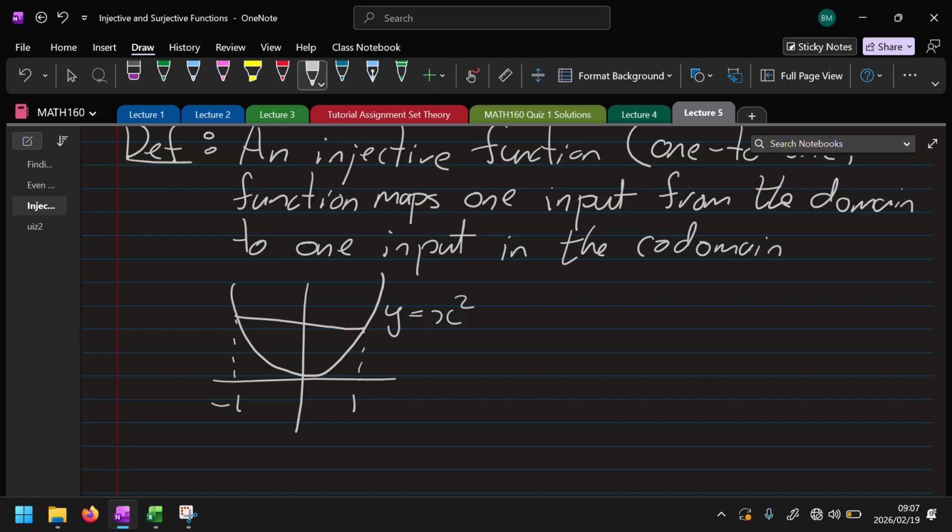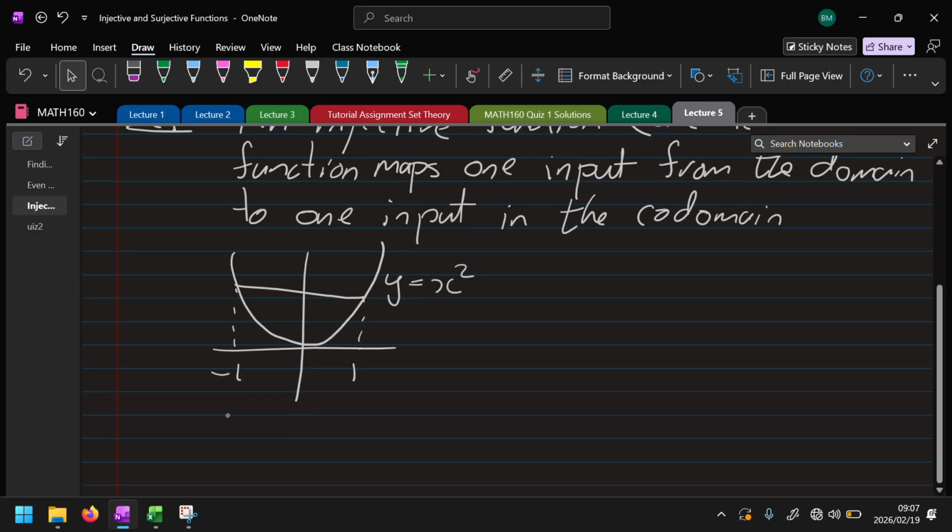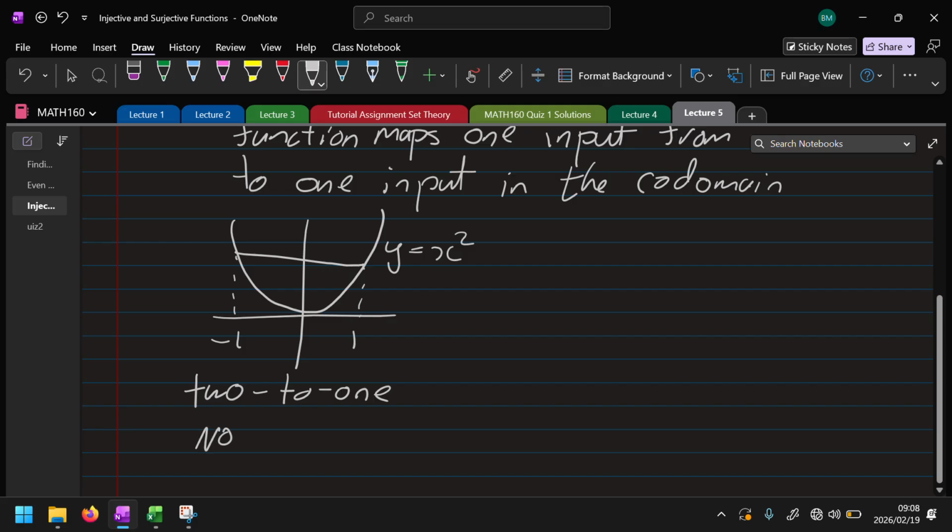This is not injective. It doesn't satisfy the definition. x and -x both go to x squared, so it's not 1 to 1. It's 2 to 1. Not injective.